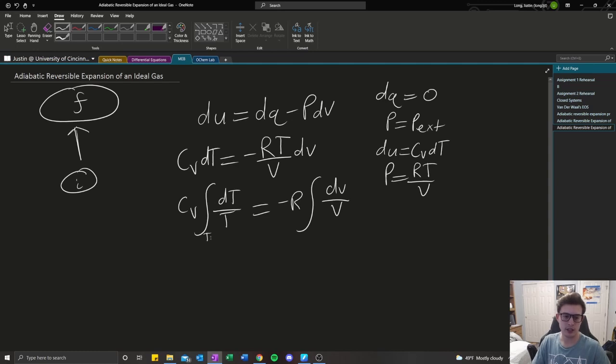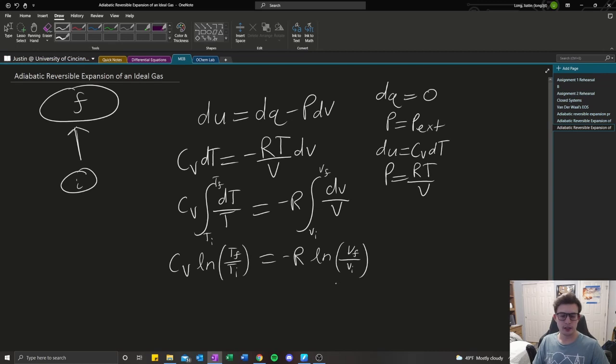So we've just got T initial, T final, and then we've got the V final and the V initial. All right, so let's go ahead and take the integral. So we end up with CV times the natural log of the final temperature over the initial temperature, and that is equal to the negative r of the natural log of the final volume over the initial volume.